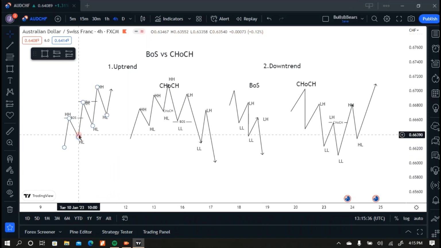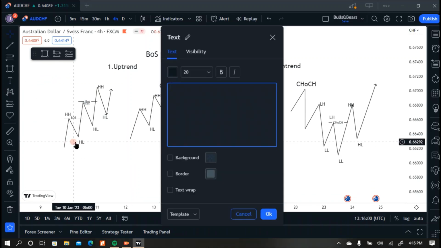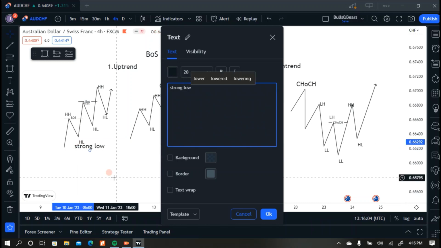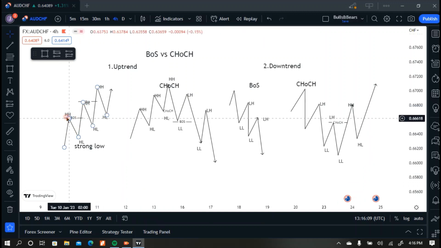If the market is trending upwards, creating a series of higher highs and higher lows, and the market moves impulsively, breaking this structure and creating a new high that is higher than the previous high, it means this higher low is a strong low, because it broke this structure.